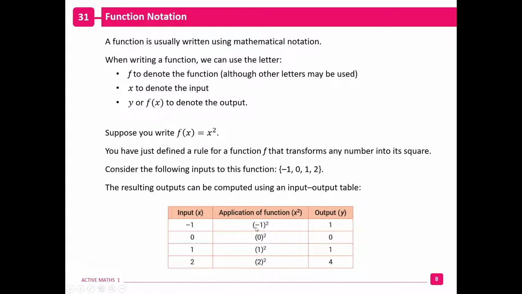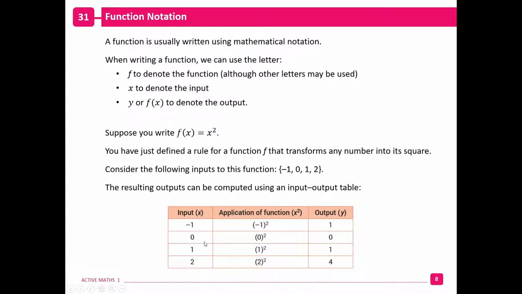So inside our bracket is -1 rather than x. The input is -1, and that needs to be squared to get our output. Squaring means multiplied by itself, so we have -1 times -1, and we know that 2 minuses make a plus. So the output is the positive one.